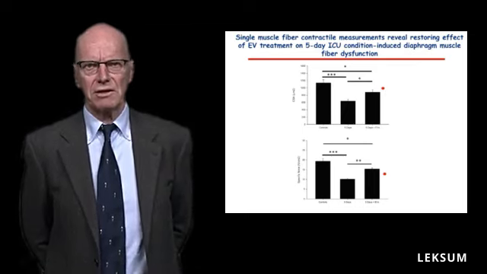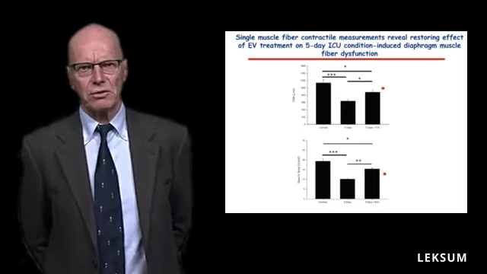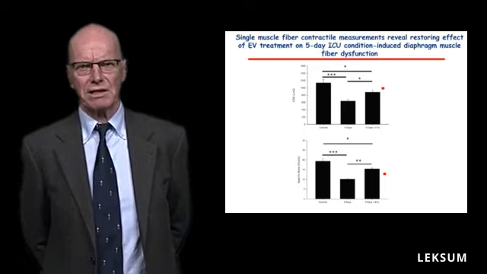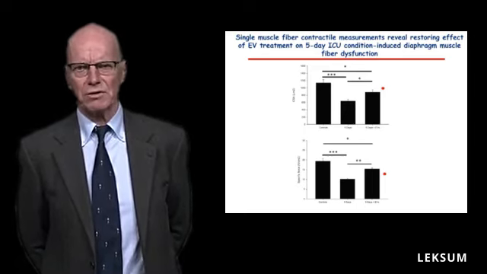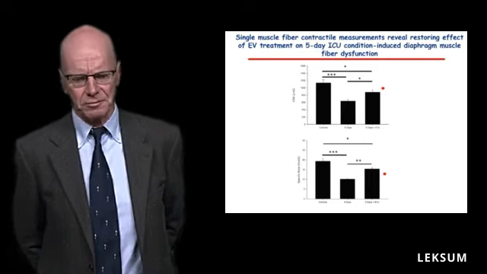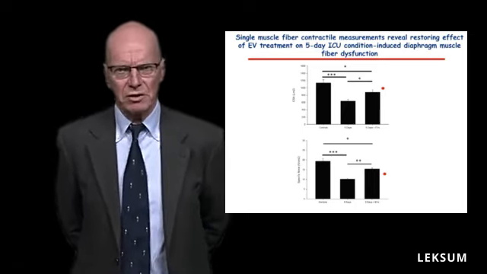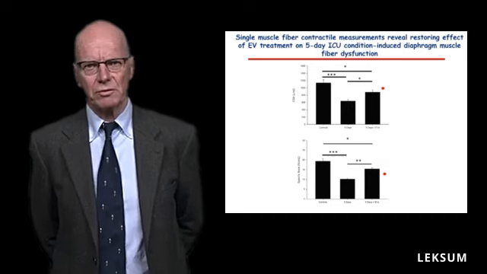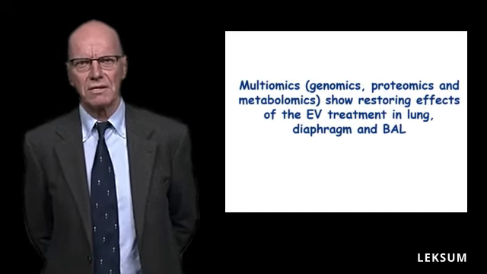It reduces diaphragm muscle cell wasting, but it also improved force generating capacity, which is the maximum force generated by a single diaphragm muscle cell normalized to muscle fiber cross-sectional area. So it improves both size and function.